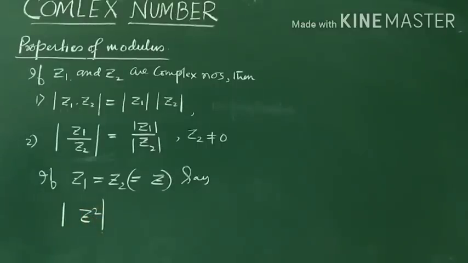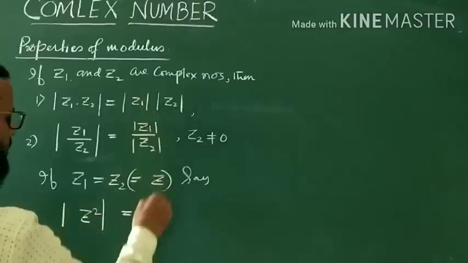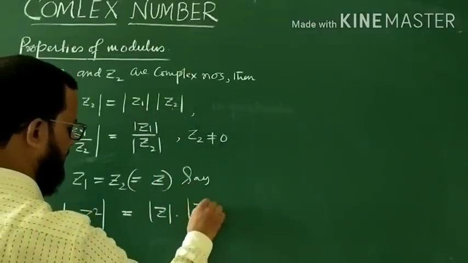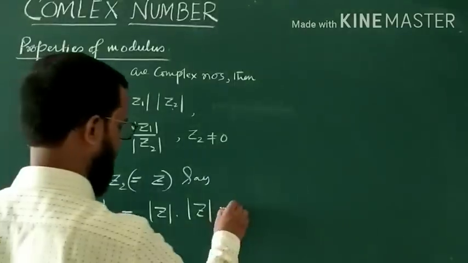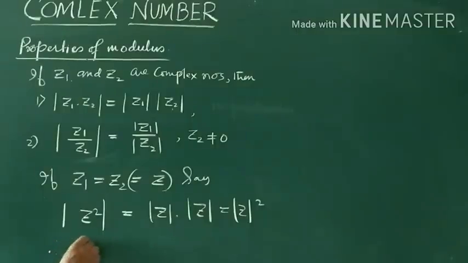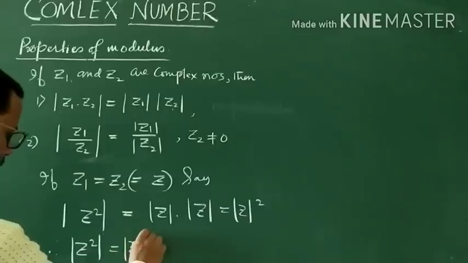Modulus of Z square is equal to modulus of Z into modulus of Z, and it will be modulus of Z whole square. That means a formula is developed: modulus of Z square is equal to modulus of Z whole square.